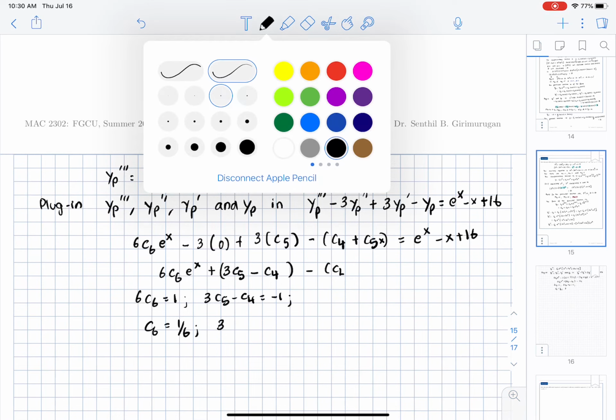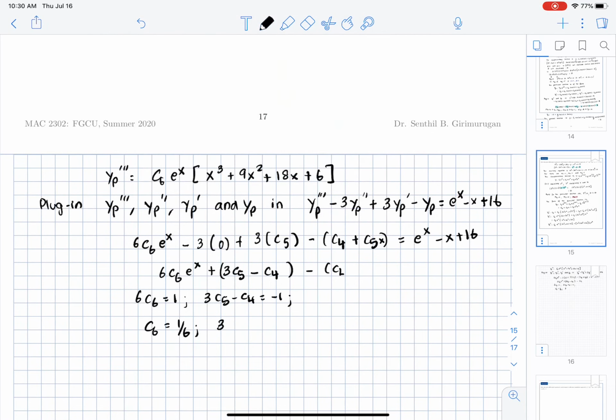Okay. I know where I went wrong. Negative C5x equals e raised x minus x plus 16. I just compared the wrong terms.